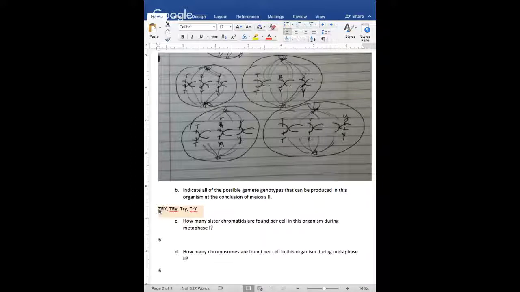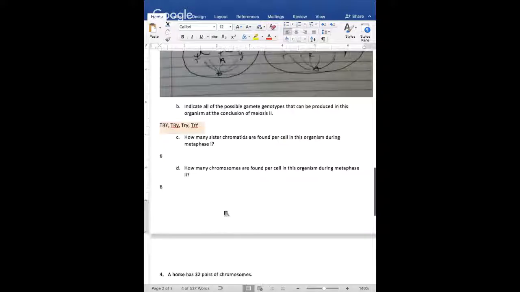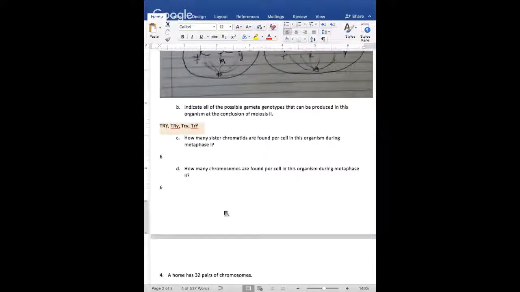So you could have all dominant genes, partially dominant with a recessive Y, a dominant T with recessive R and Y, and then a dominant T, a dominant Y, and a recessive R. During metaphase 1, there are 6 sister chromatids found per cell. And then during metaphase 2, there are 6 chromosomes in there as well.